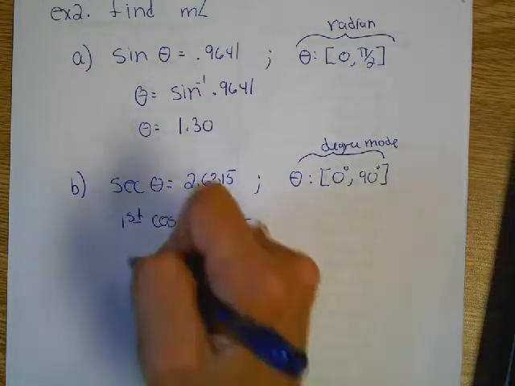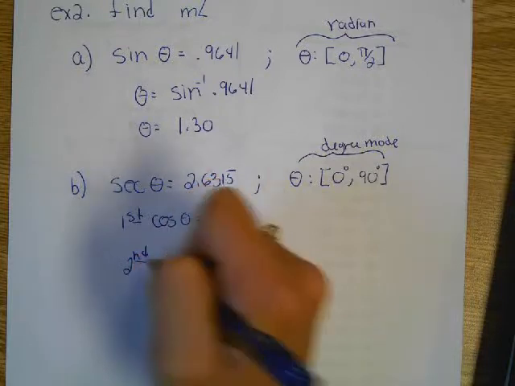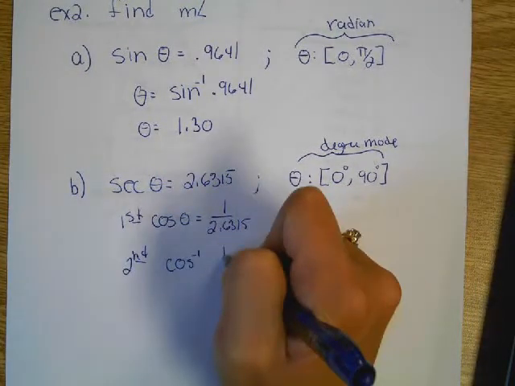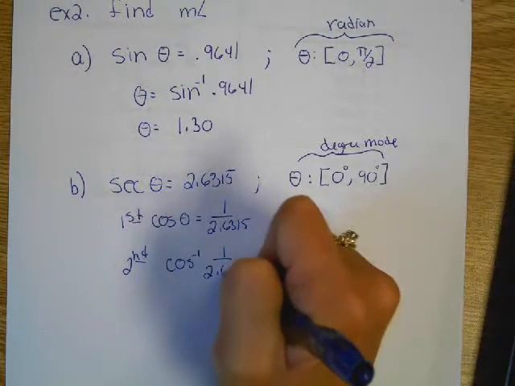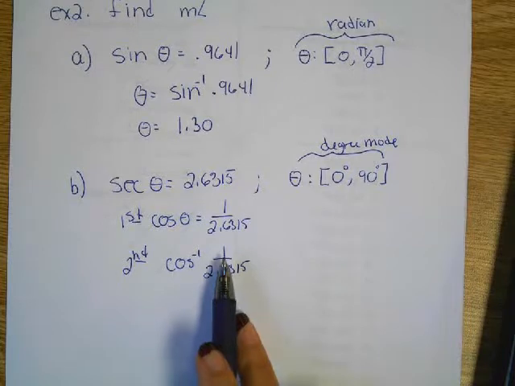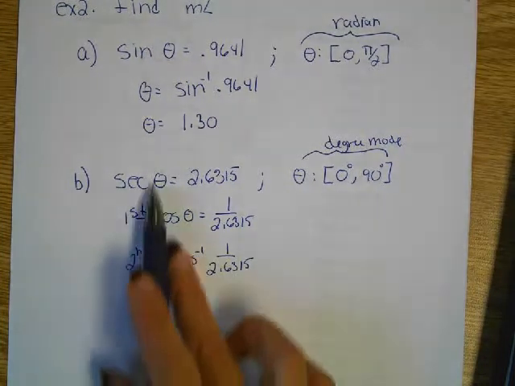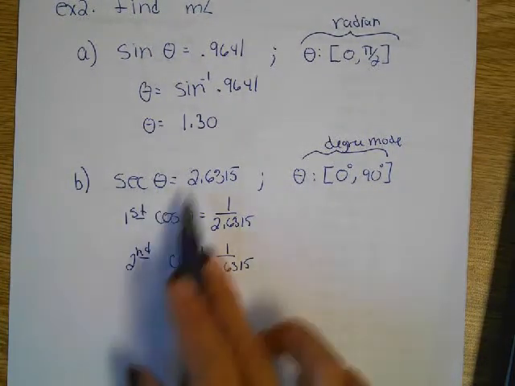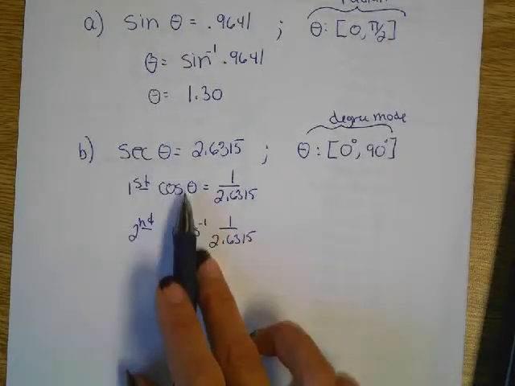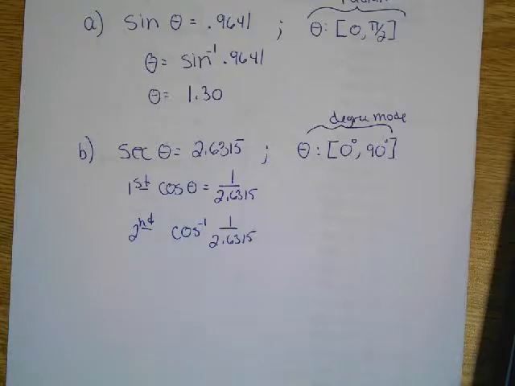Keep that in mind. So now I know what I'm going to button push: inverse cosine of 1 divided by 2.6315. If I was making a note card for myself for a quiz or a test, this would be exactly what I would write down so I know what to execute. It should tell you exactly what to do.